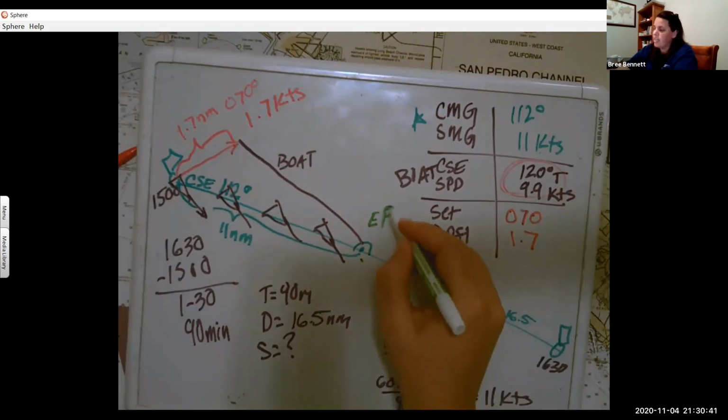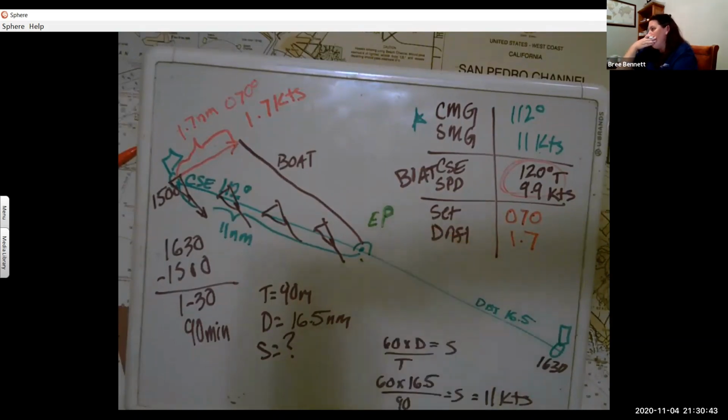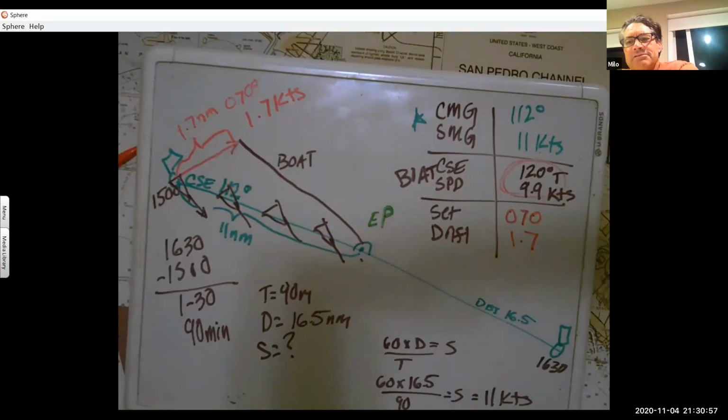Estimated position is kind of a broad term, I guess I'd say. But the easiest way to say estimated position is just one more piece of information than your DR. Yeah, that's what I'm going to go with.